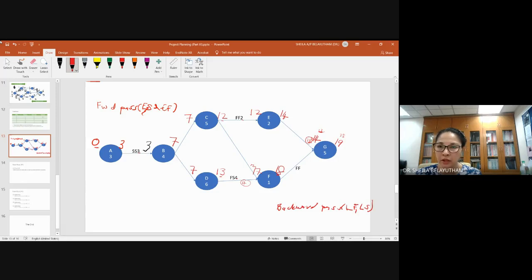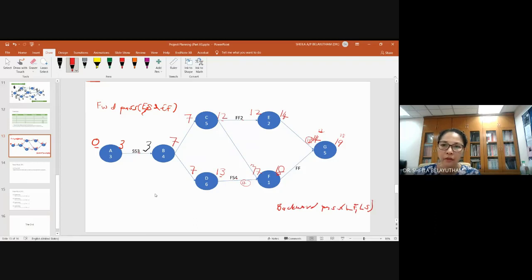When you have such a junction, you need to compare first which would be bigger so that you don't overlap the activities. That's why we start with activity E first. Evaluate one by one. Activity E finish 14, activity G will start 14.